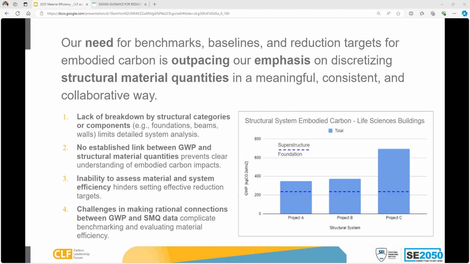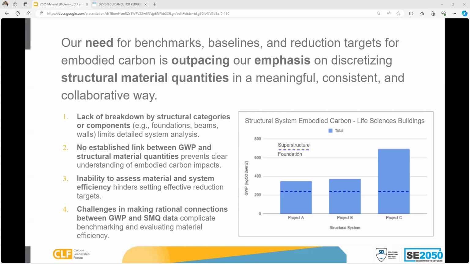There's also a problem here because there is no link between the material quantities that we're using and the embodied carbon that's being reported. So we really have no idea right now how efficient our systems are. All this great work that Fraser and Francis talked about is not showing up or represented in our current methodology of reporting this information.